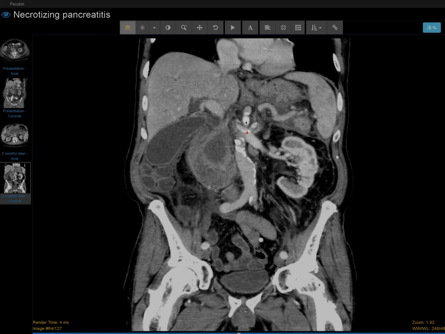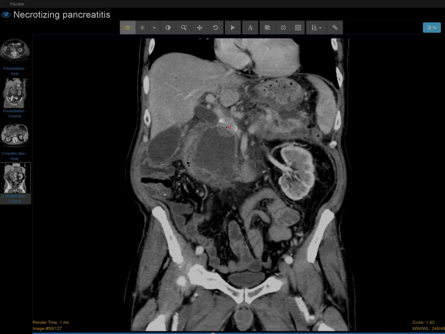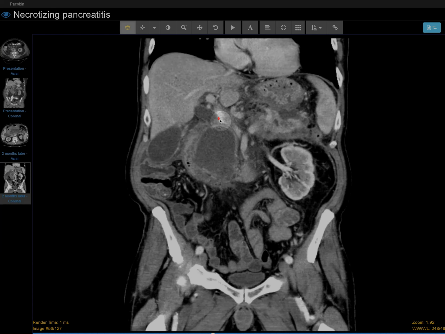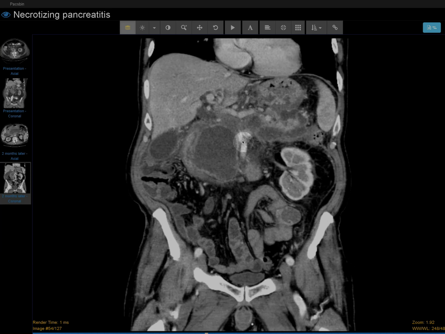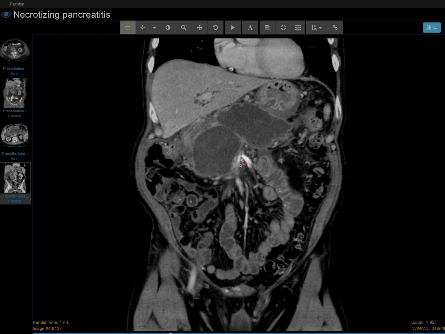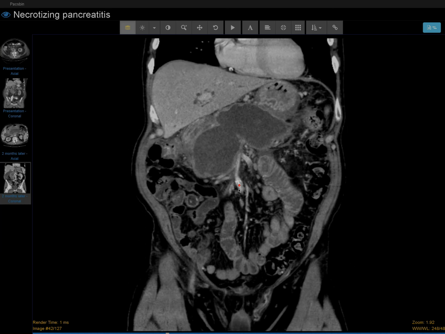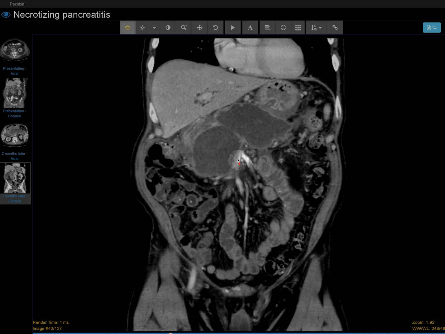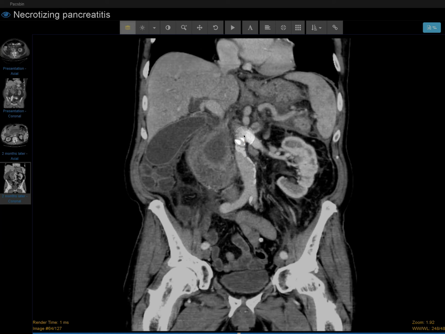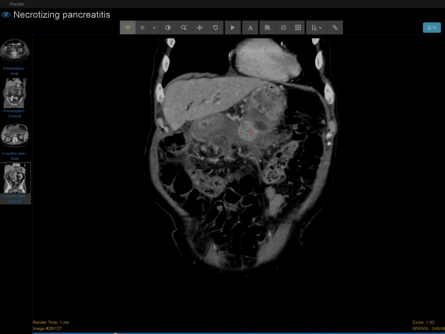Let's see, where did I see that? So you can see the mass effect this collection has on the portal vein. It's really compressed here. And if I come down more, I think it was around here. Let's see. I'm not really 100% convinced that there's a thrombus here.